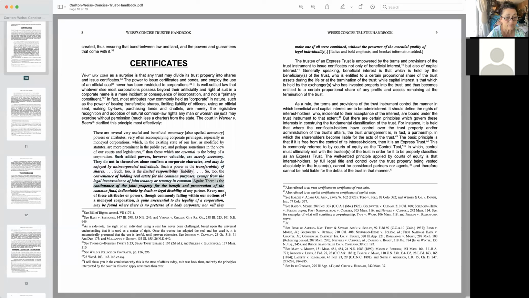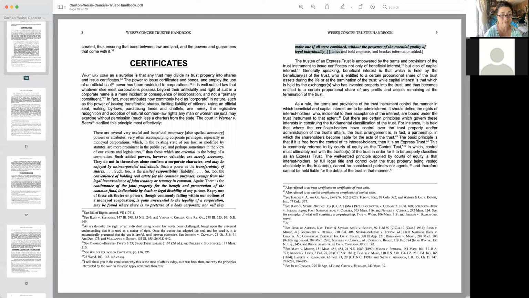Every one of these attributes or powers, though commonly falling within our notions of a moneyed corporation, is quite unessential to the legality of a corporation, may be found where there is no pretense of a body corporate, nor will they make one if all were combined without the presence of the essential quality of legal individuality. Italics and bold emphasis and bracket information added.